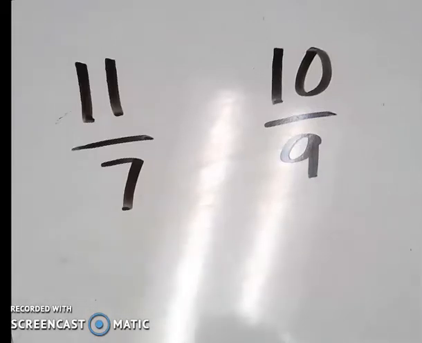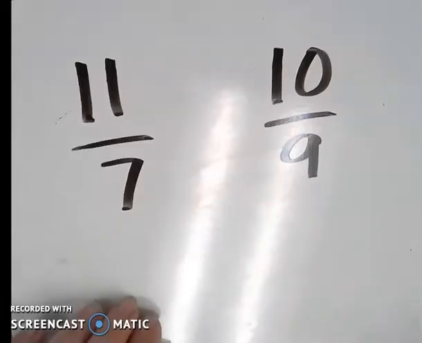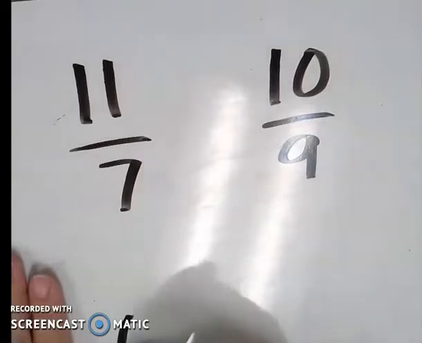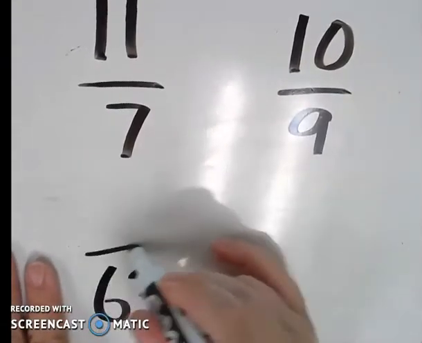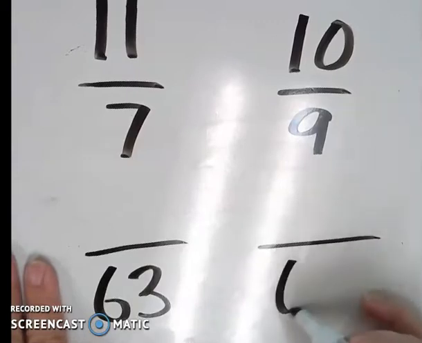So for us today, we know that 7 times 9 is 63. Does that sound right? All of a sudden, my 7 times tables are going away on me. Yeah, 63.